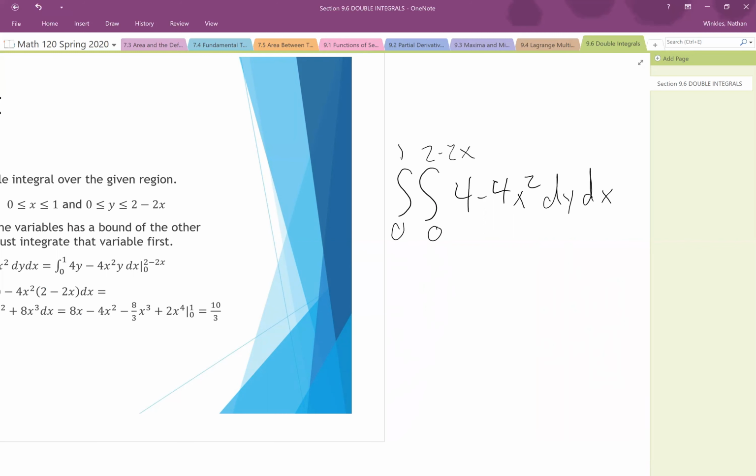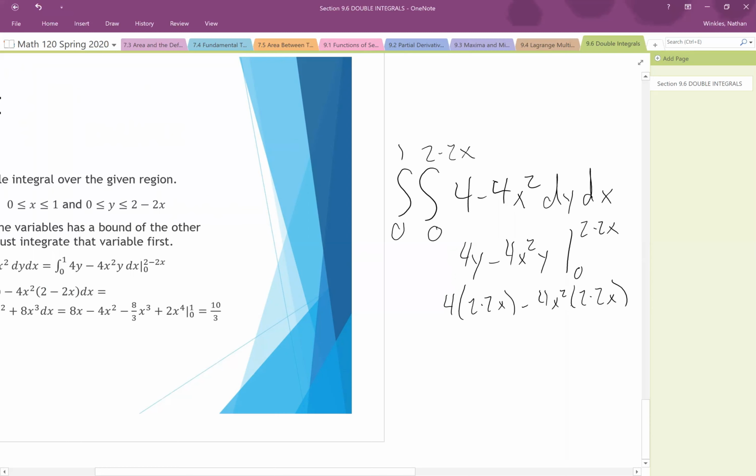So we need to integrate this with respect to y. So 4y minus 4x squared y between 0 and 2 minus 2x. Plugging in that 2 minus 2x, it's 4 times 2 minus 2x minus 4x squared times 2 minus 2x.